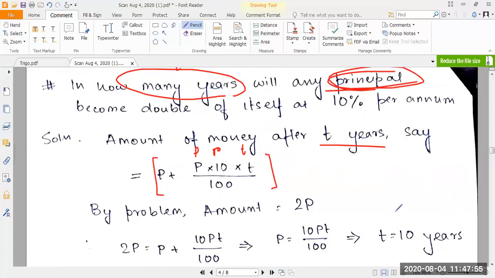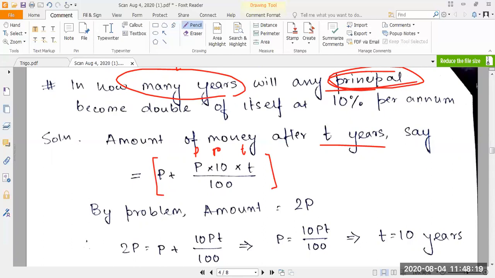So what I essentially mean is, if you invest any principal for 10 years at 10% per annum, you will get double of the principal. Let's take a bigger number. Let's say I invest 100 rupees in a bank for 10 years at 10% per annum.